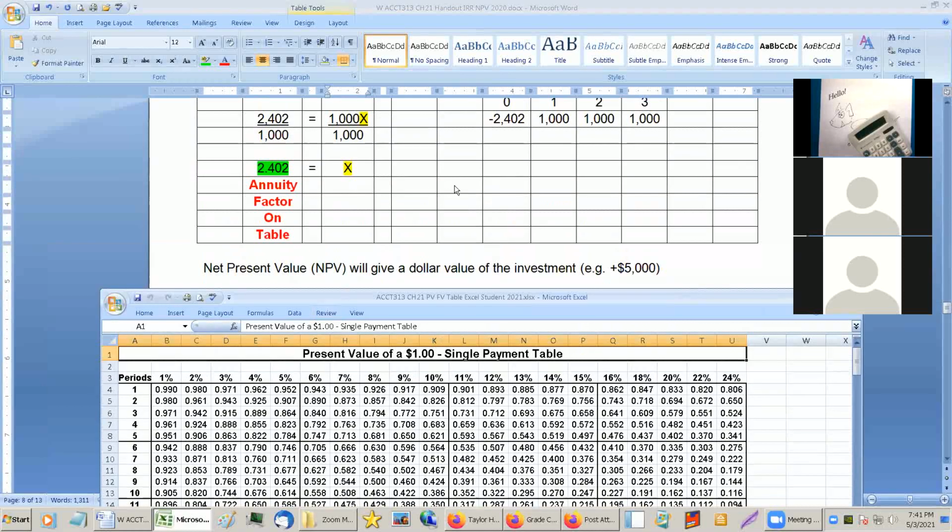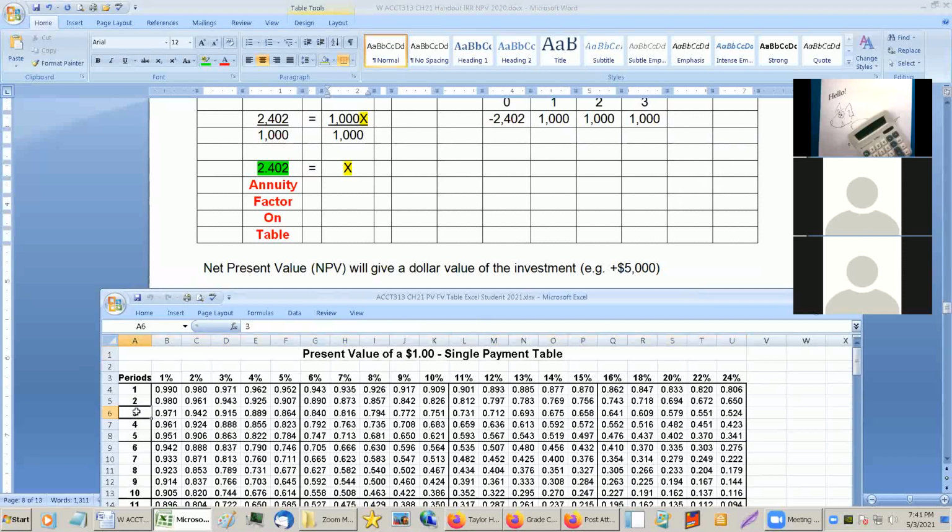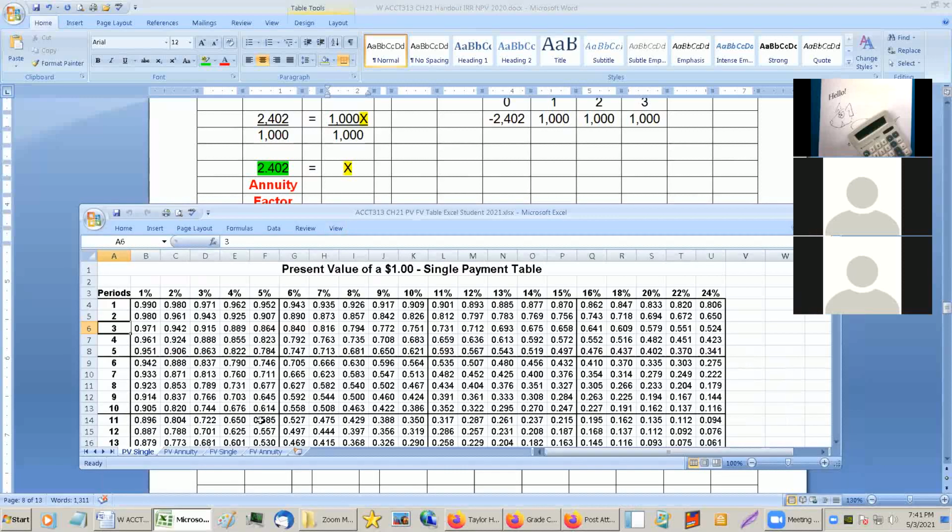Okay, so here's what we're going to do. We're looking for 2.402. Now we don't know the interest rate yet, but we do know it's for 3 periods. I'm on the wrong table.